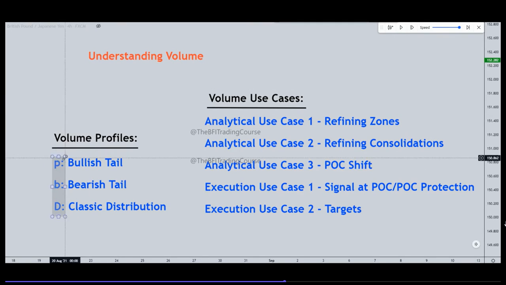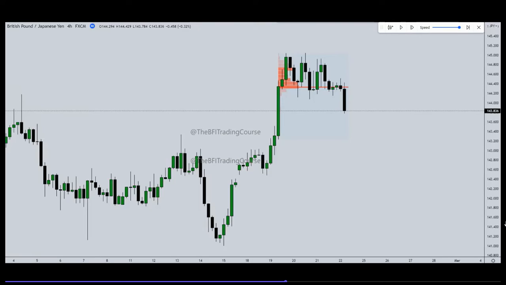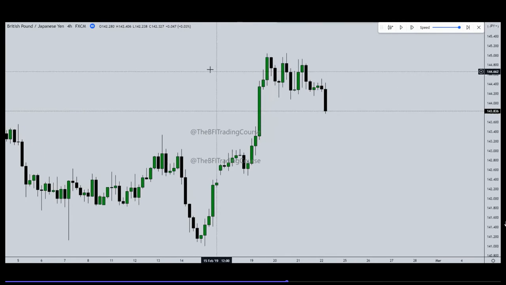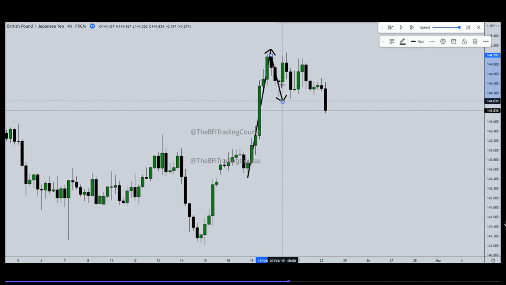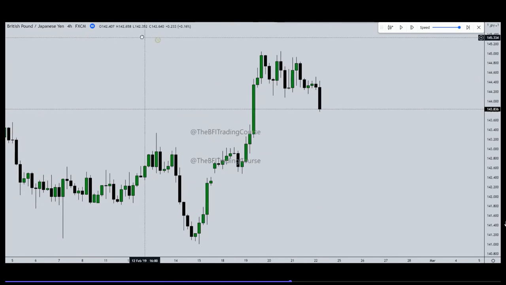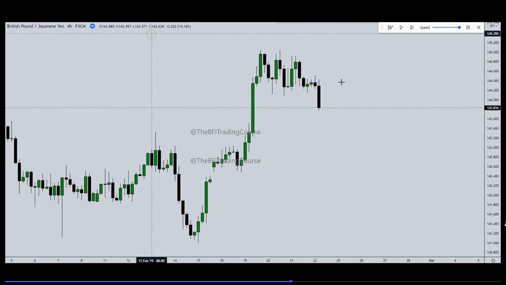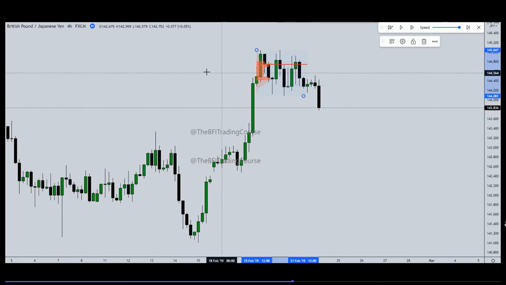Let's try to see examples. Let's look at this example here. After an up move here, you have a down move and then an up move and basically some sideways. Now, let's use our fixed range across this sideways consolidation area.